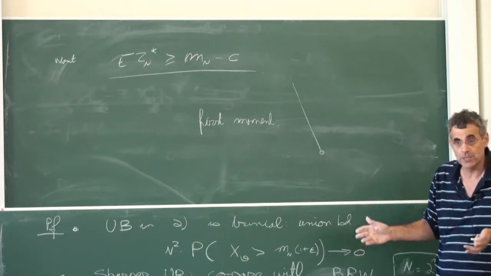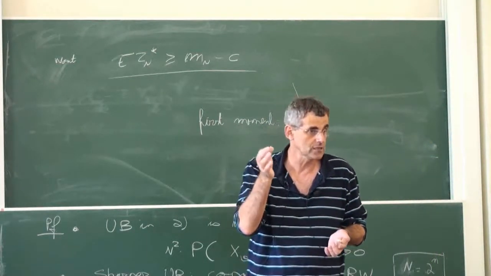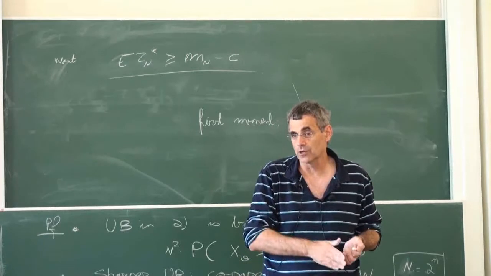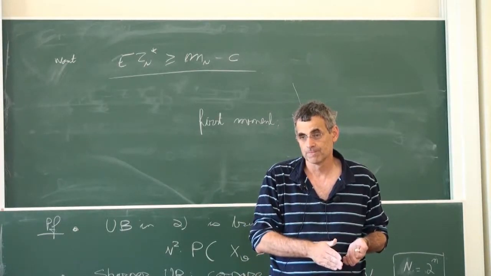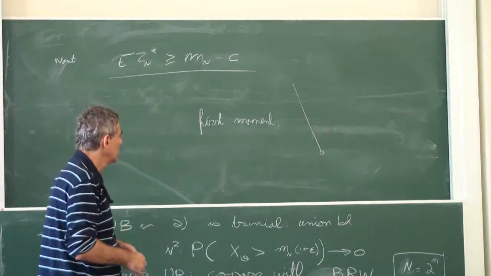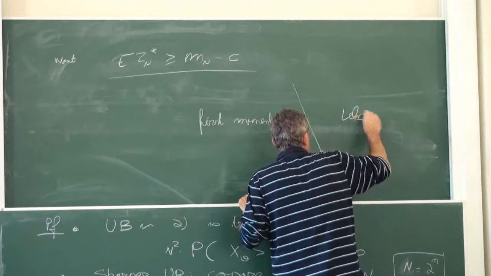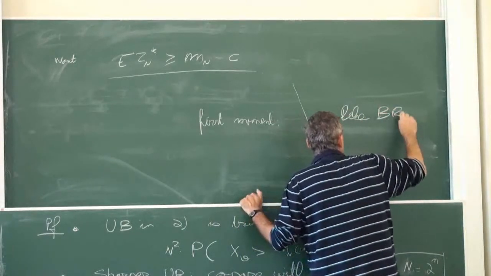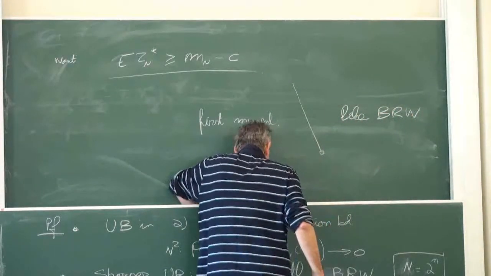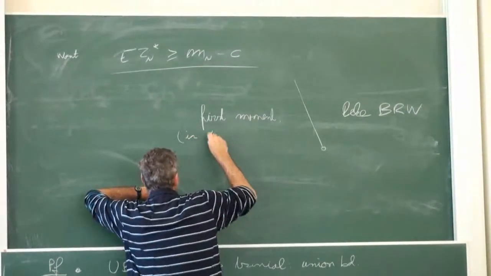There is no distinction at the level of an individual vertex between branching random walk and modified branching random walk. So the only thing we have to worry about is the second moment. The first moment, as I said, is like branching random walk. There's really no difference.